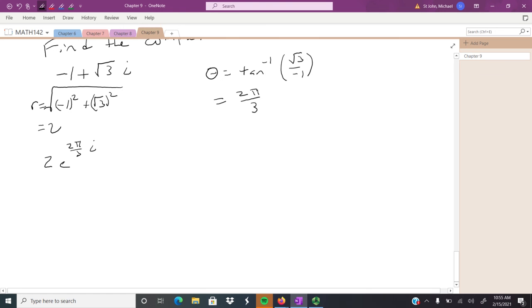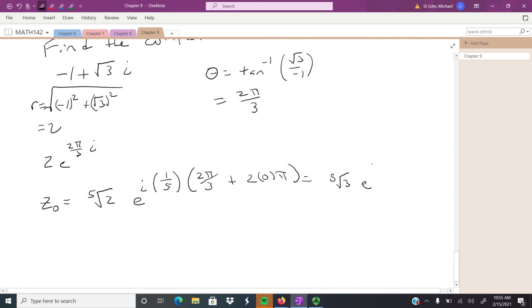And so we get z naught is going to be the fifth root of 2 e^(i), and then this is going to be 1/5 of 2 pi over 3 plus 2 times 0 times pi, which will give us the fifth root of 2 e^(2πi/15).